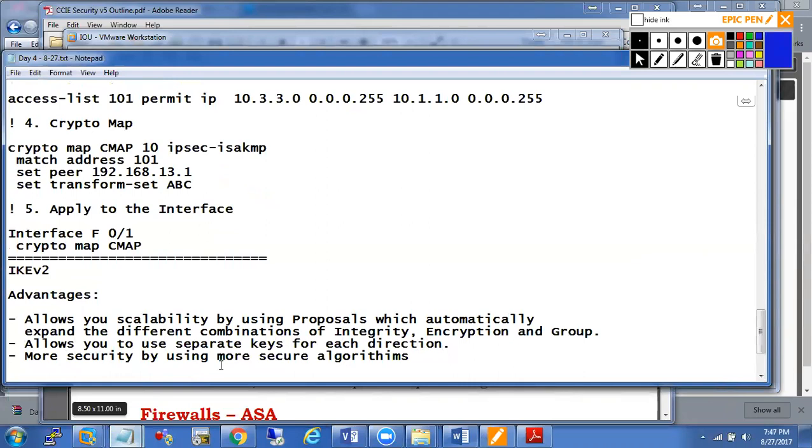In the older one, I had SHA-1, the basic SHA, and MD5. Over here, I have MD5 and SHA-1, but I also have the other ones, SHA-128, 384, 512, a whole bunch of other ones. So more secure algorithms are available to you in IKEv2, again, all for phase one. Okay, that's the other advantage that you gain over here.